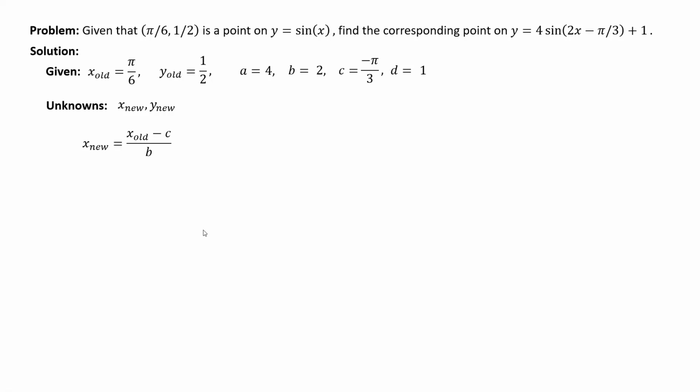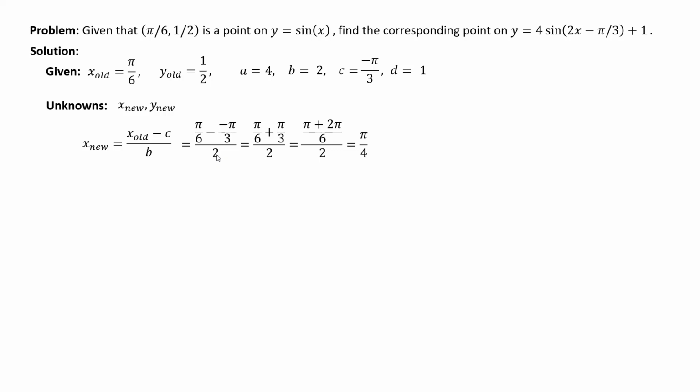Please memorize them, and these problems become a piece of cake. Okay, so it's just a matter of plug and chug. For x old, plug in pi over 6, minus c, minus the quantity negative pi thirds, but subtracting a negative number is the same as adding. Oh, by the way, all over b, which happens to be 2, so we have a 2 in the denominator.